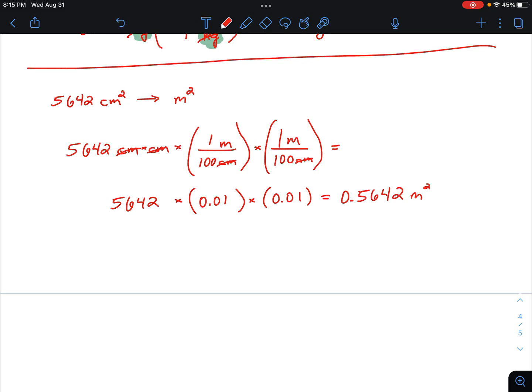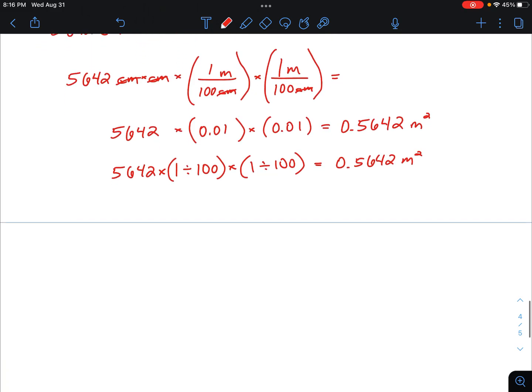Okay, so the other way that I could have done this is 5,642 times 1 divided by 100, times 1 divided by 100. And this would give me the same answer. So in your calculator, you can either divide by 100 twice, or you can multiply by 0.01 twice.